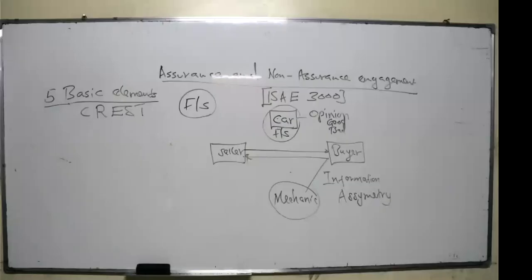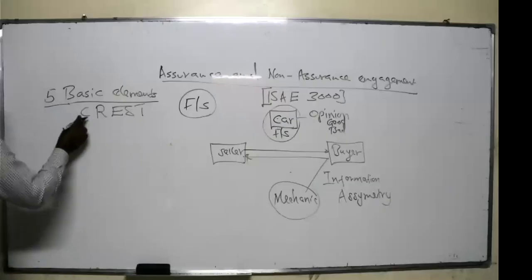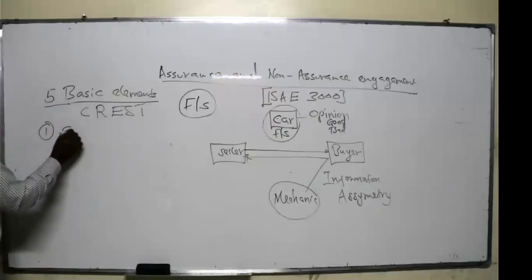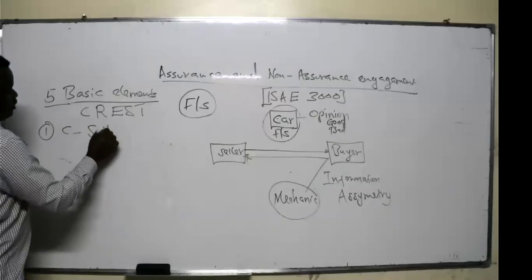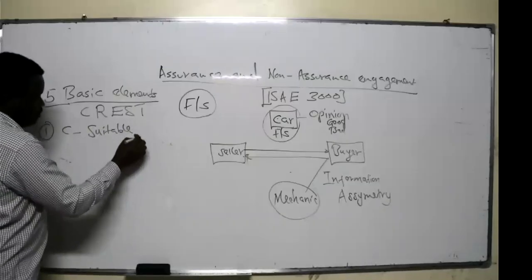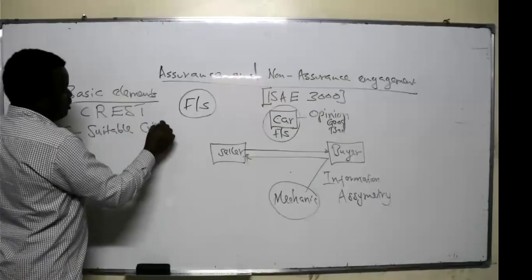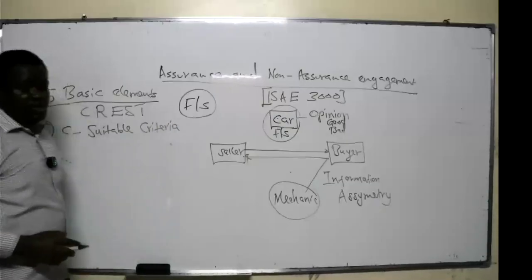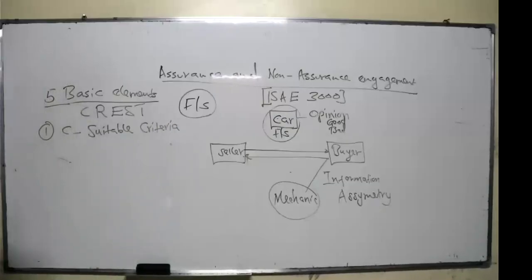The first one, the C, stands for suitable criteria. So the first element of an assurance engagement is a suitable criteria.